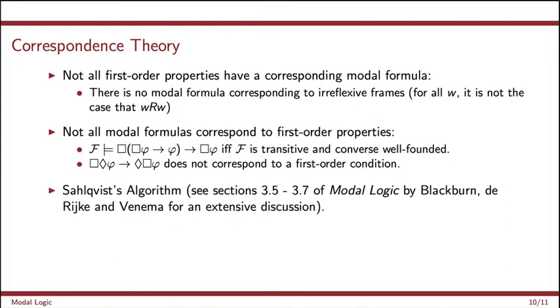And finally, I should mention, I'm not even going to be able to discuss the details of this at all, but I'll refer to this book, Modal Logic by Blackburn, de Rijke, and Venema for a discussion of this.